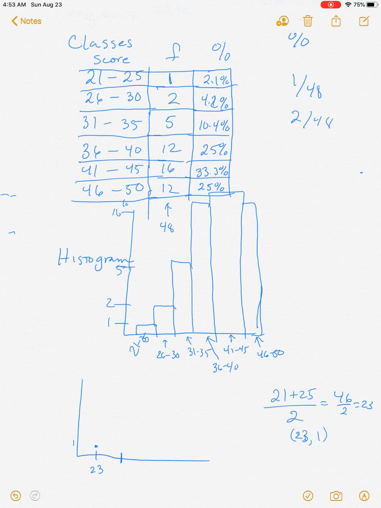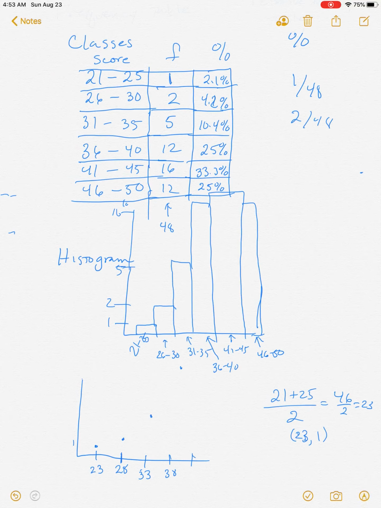So 23 plus 5 is 28. Well, at 28 I was up at a height of 2. And then plus 5 is 33. And at 33 I was up at a height of 5. And then plus 5 is 38. And there I was way up at a height of 12.